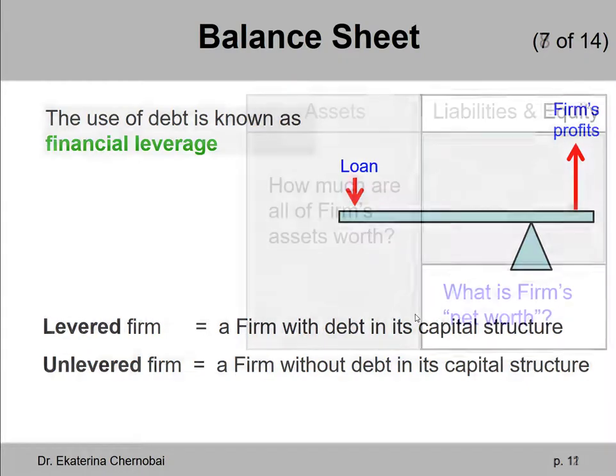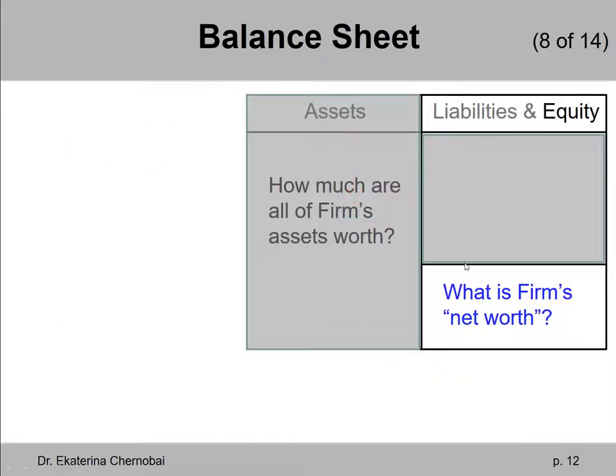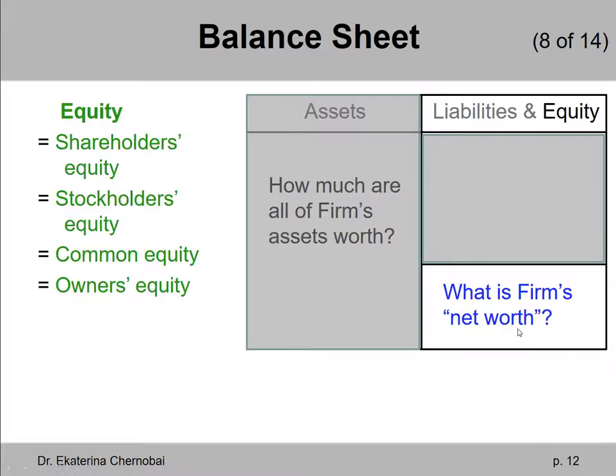That's it. And finally, let's review the part of a balance sheet called equity, bottom right. Same thing as net worth. So equity has different terms. You can also say shareholders' equity or stockholders' equity or common equity or owner's equity. It's all one and the same thing.